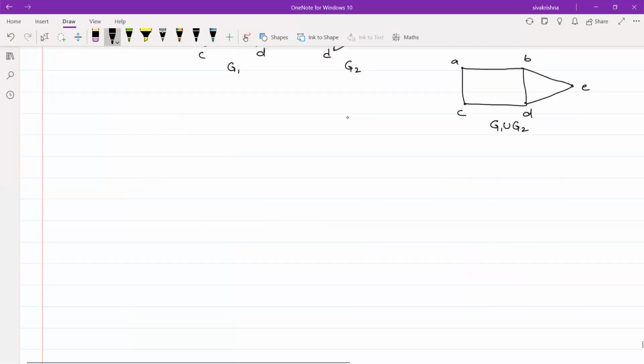Okay, so coming to another example. Example 2. Once again I am going to draw another graph.